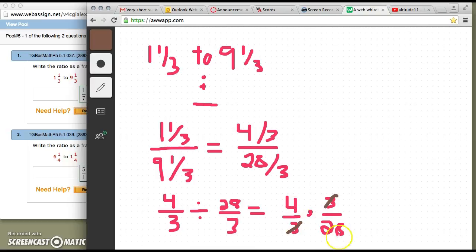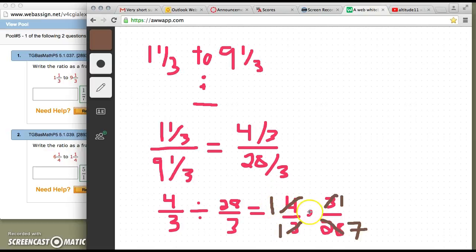On this diagonal, notice you have the numbers 4 and 28. These two numbers contain a factor of 4. So if you take 4 away from 4, that leaves you with 1. If you take a factor of 4 out of 28, that leaves you with 7. And you still have just 1s here for your 3s.